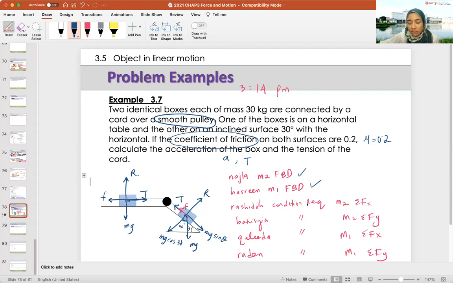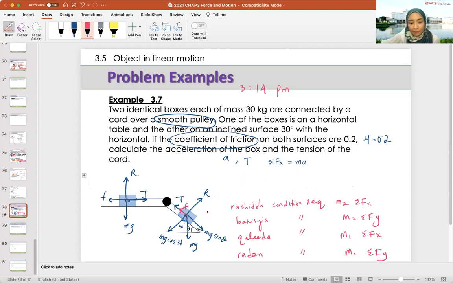Rashida, what is the condition and equation for M2 FX? Net FX M2 equals to MA. Is it a positive A or a negative A? Positive. Positive ke kanan ke kiri?